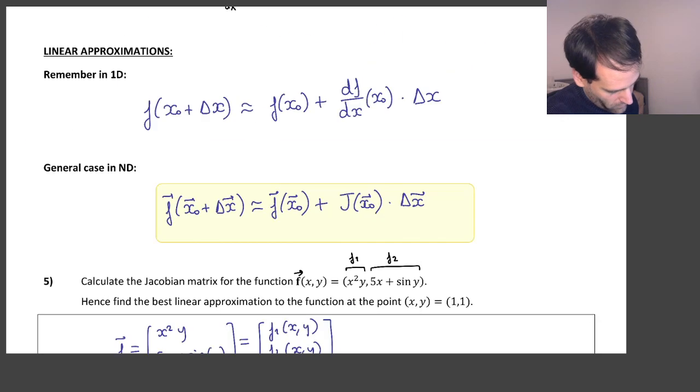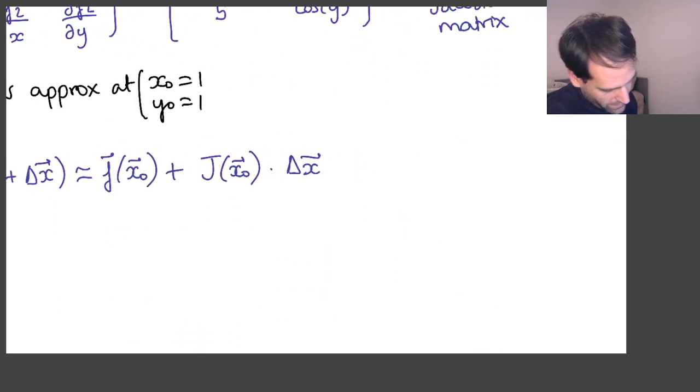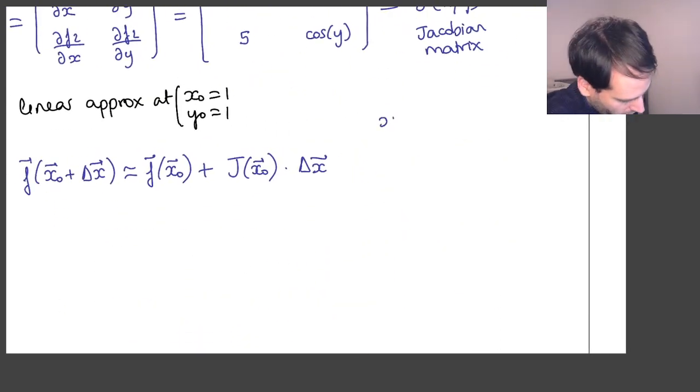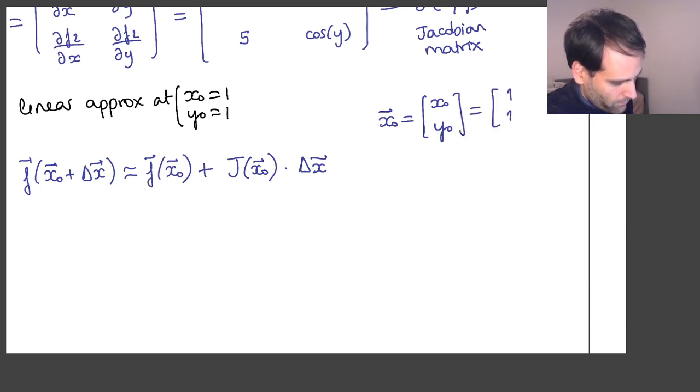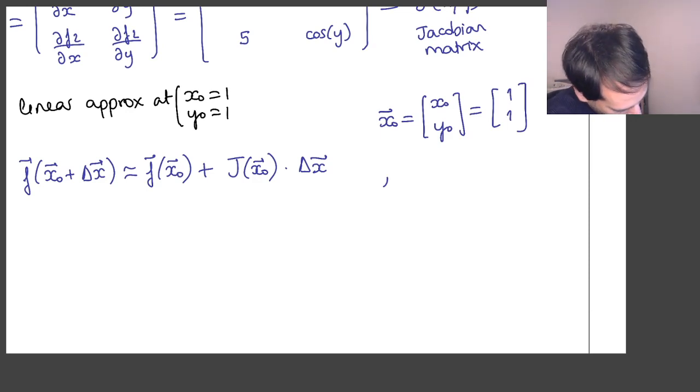So what is x0? x0 is a vector which contains the point of interest. So it will contain x0 and y0, which will be equal to the vector 1, 1. Okay. What is f of x0?